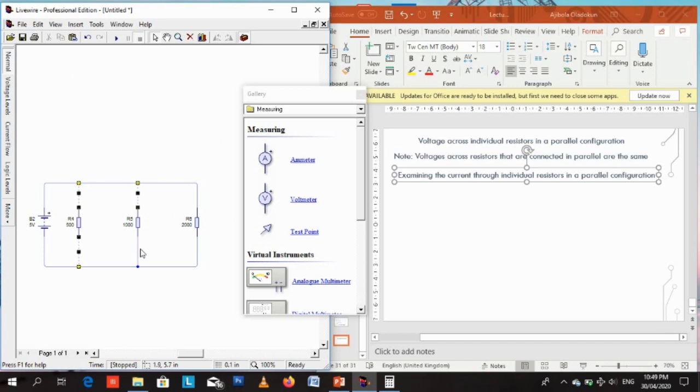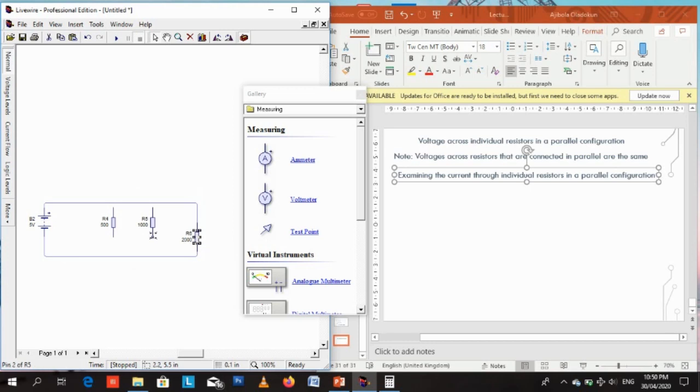So let's get rid of the connections. Drag this resistor closer, and let's drag it down. Drag the resistors down to create space for the ammeters.